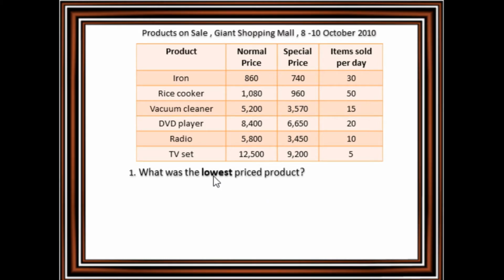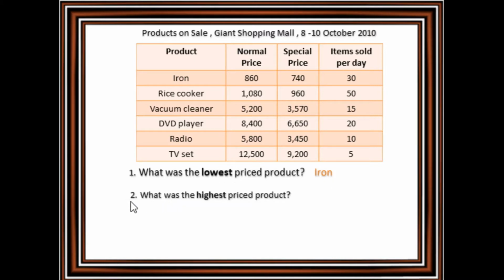Lowest meaning small, so you need to look at what product has the lowest price among all. The lowest price is 860. Now you try to look at what product it is. It is iron. So your answer for this question would be iron.